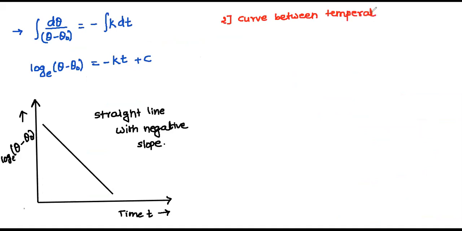How it will come? We are just studying. If you keep the values for this, you will get a graph like this only. So they will give it in the problem if they want. They will just ask you to find the curve, or they will give options, and from that you have to choose the curve of that particular equation.